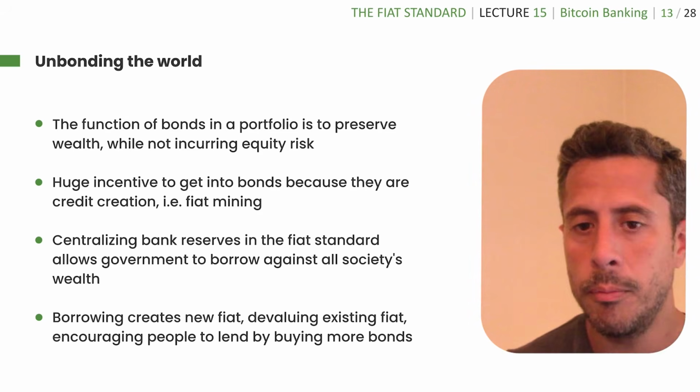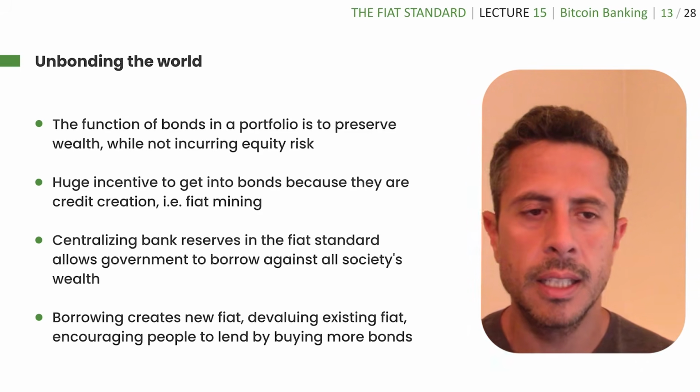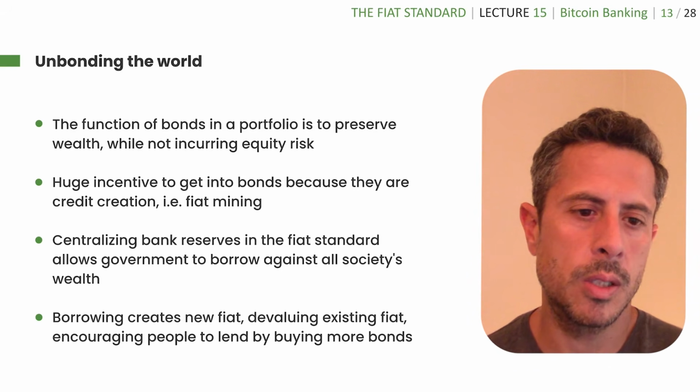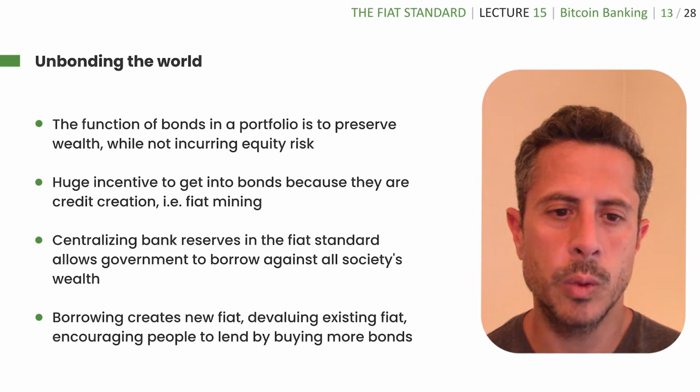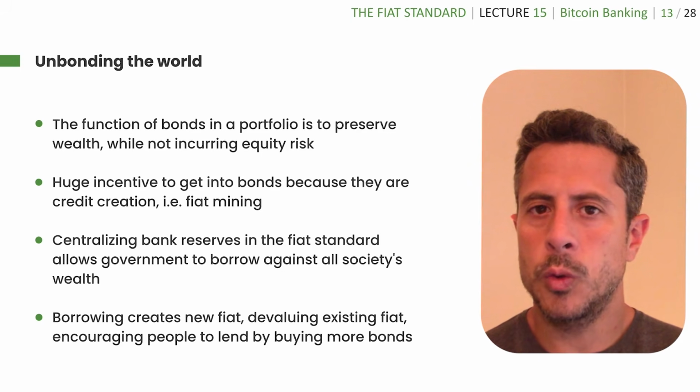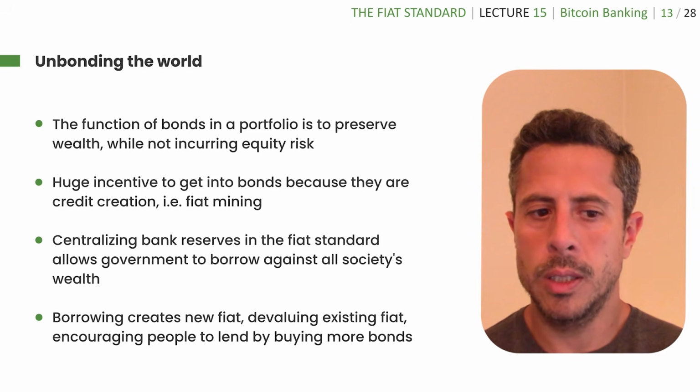So the fact that mining fiat is lending creates a huge incentive for people to get into lending, which is what bonds is. So if you take that incentive away, then you massively reduce the incentive for people to store their wealth in bonds.